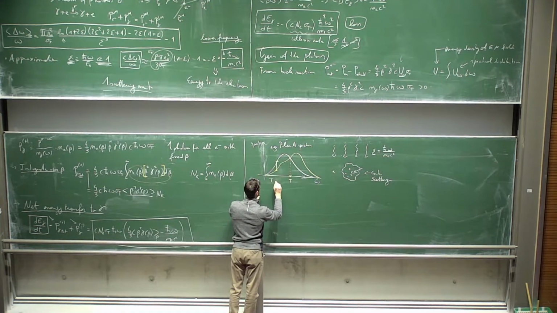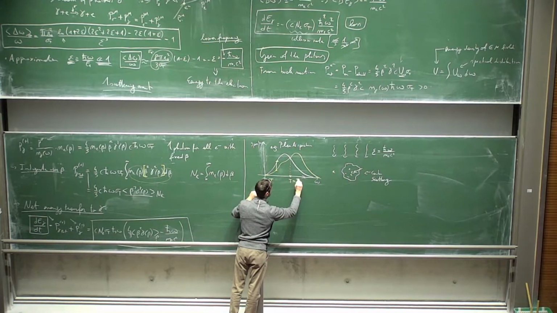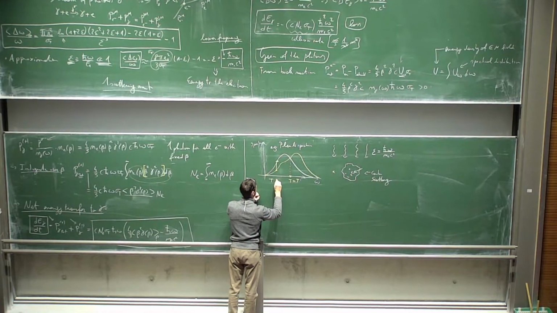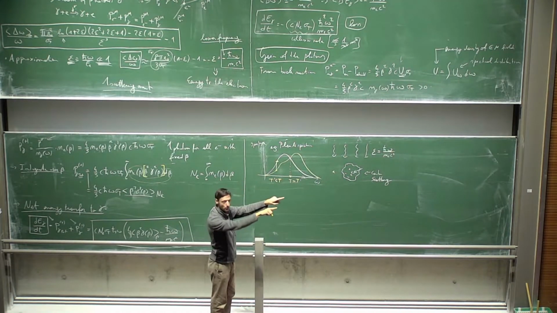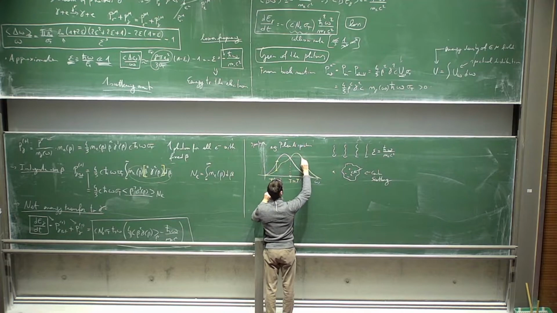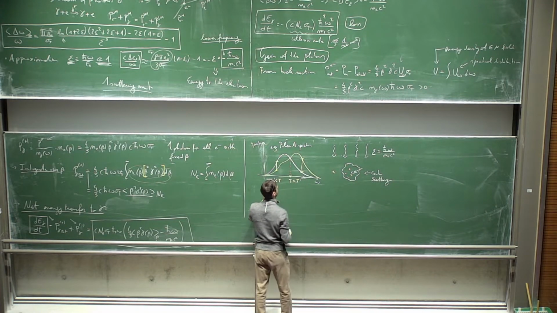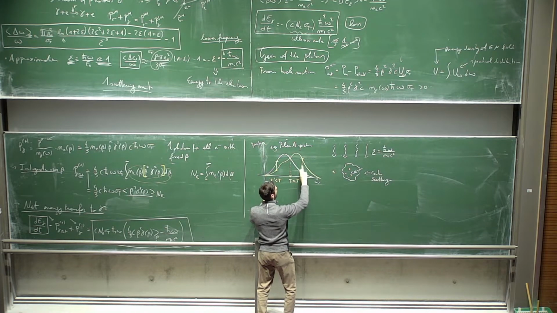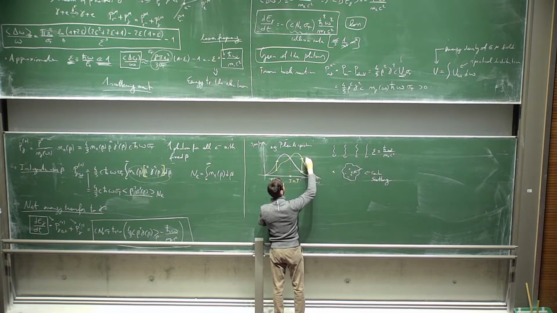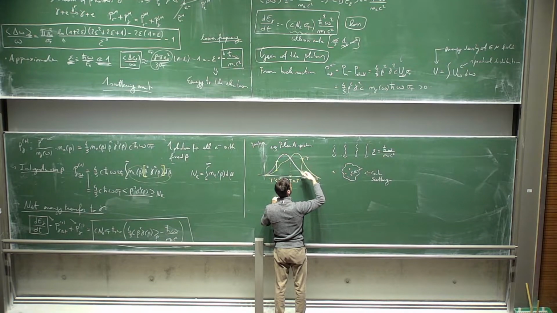Therefore, the temperature of your photons is smaller with respect to the incoming radiation. If you look on the other side of the spectrum, here, you basically see that the photons are kind of hotter. You have more photons with this higher frequency.